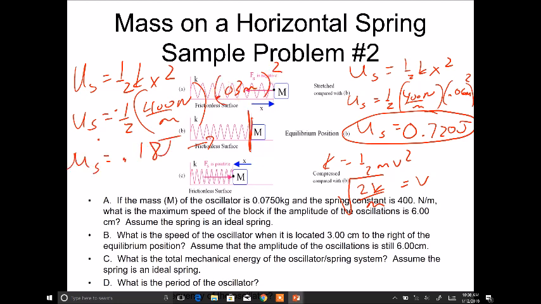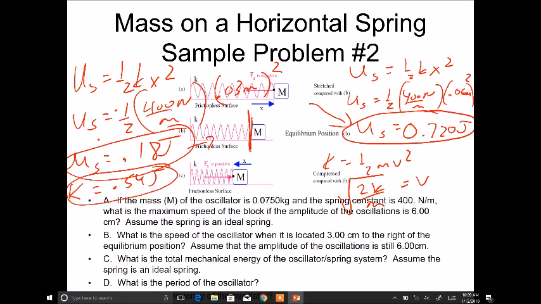Once we do the math, we find that at 3 centimeters of displacement, the object has 0.18 joules of elastic potential energy. Well, the total mechanical energy of the system is still 0.72 joules. So if we go 0.72 minus 0.18, we end up with 0.54. So that means at this point, the object has 0.18 joules of elastic potential energy, but it also has 0.54 joules of kinetic energy.